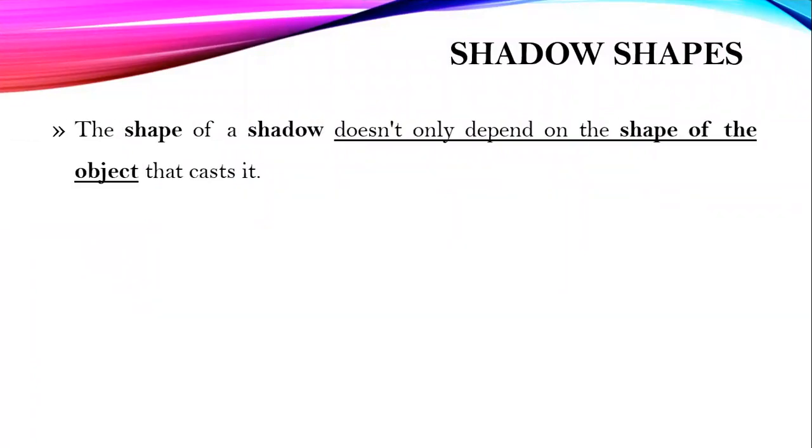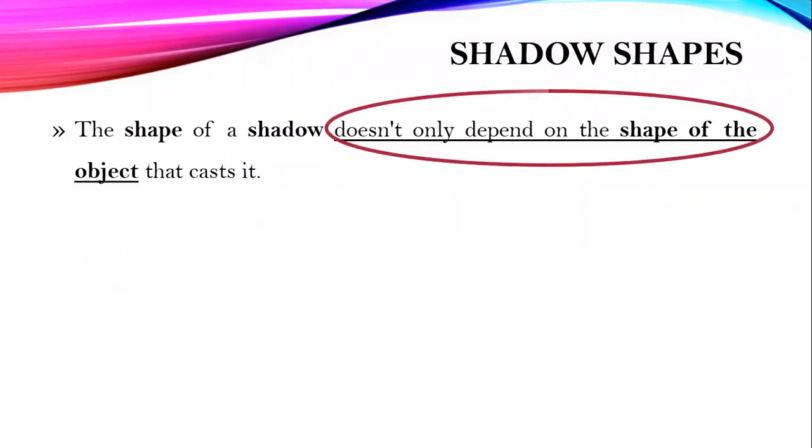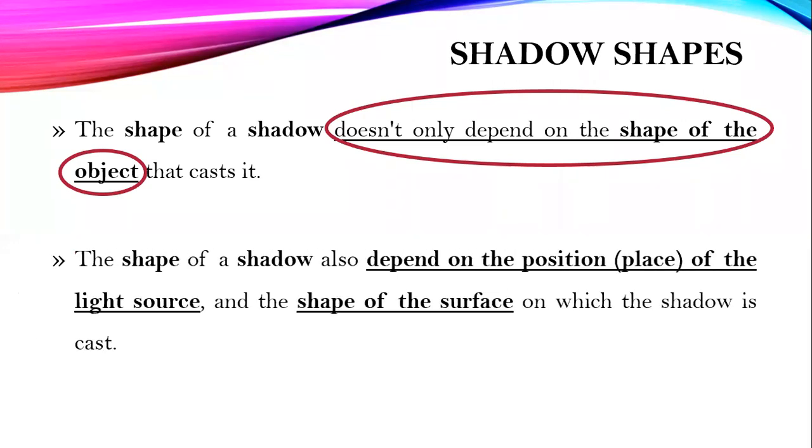Shadow shape. The shape of a shadow doesn't only depend on the shape of the object that casts it. We said before that the shape of a shadow is similar to the shape of the object that casts it. However, its shape or its size will not only depend on the shape of the object.